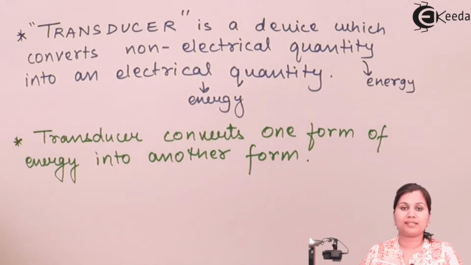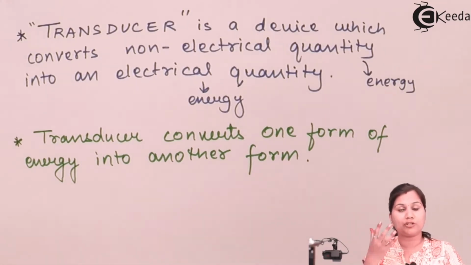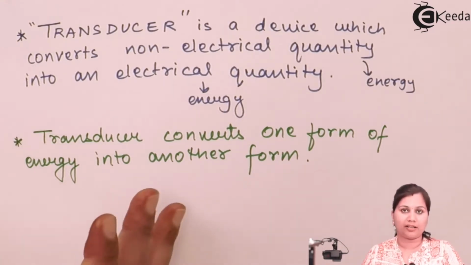Because in a measurement system there are some situations in which the output quantity cannot be correctly displayed or measured. So to convert those non-electrical quantities into some measurable or displayable form, we are using the transducers.